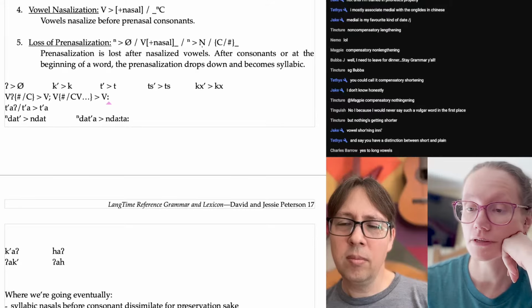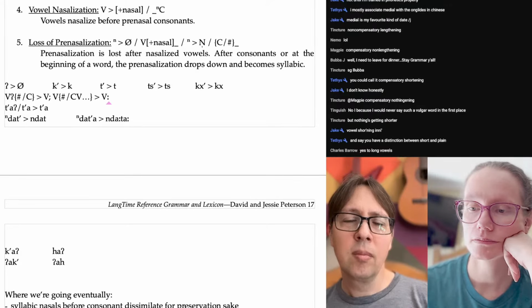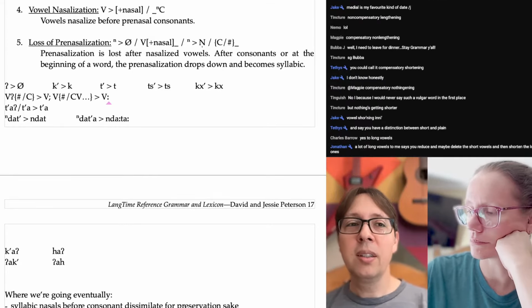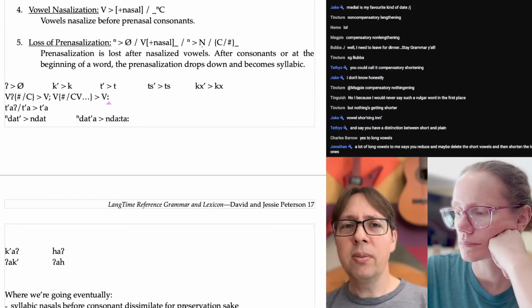I mean, I'm fine with it if you're asking me. So you're okay with at least temporarily the overproduction of long vowels.